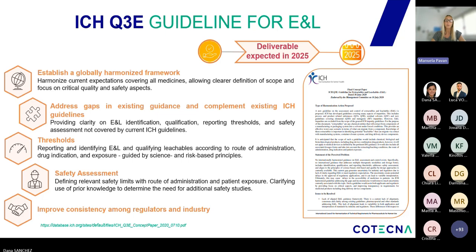It will complement existing ICH guidelines. It will provide science and risk-based thresholds for the identification, qualification, and reporting of extractables and leachables, and it will also clarify the use of existing data and prior knowledge to determine the real need for further testing. And overall, the final aim of this guideline is to improve consistency among regulators and industry.